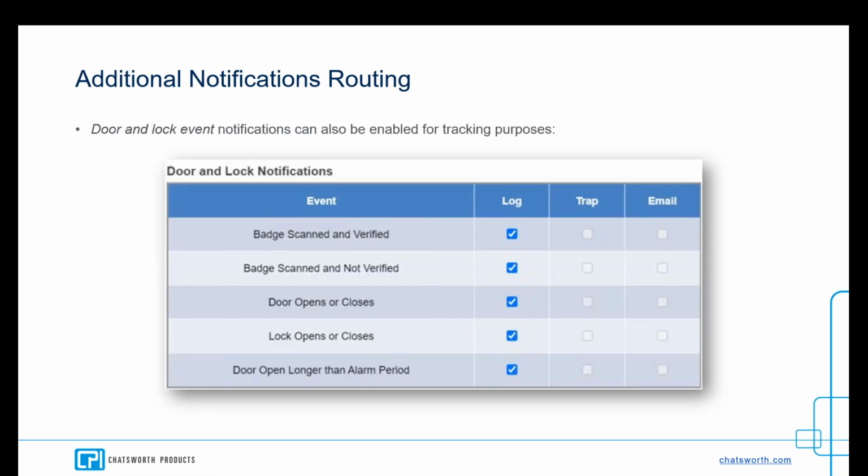Door and lock notifications can also be set up if you use our electronic locks. The events that can be observed are if a badge has been scanned or verified, if it hasn't been scanned or verified, also if a door opens or closes, if a lock opens or closes, and if a door opens longer than an alarm period.